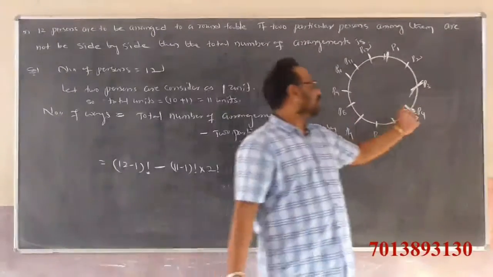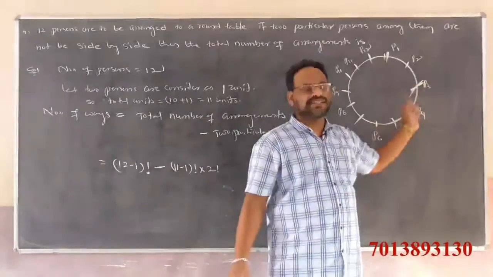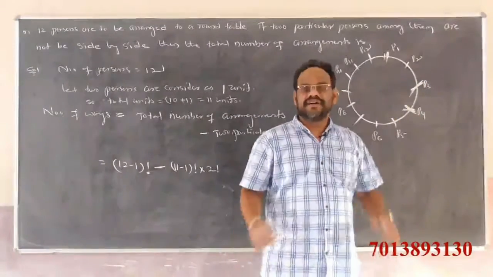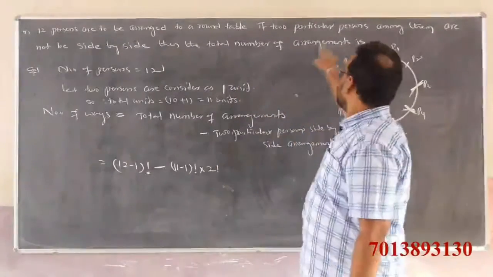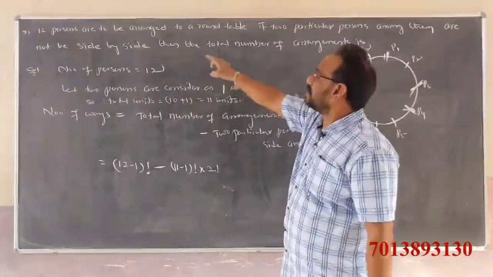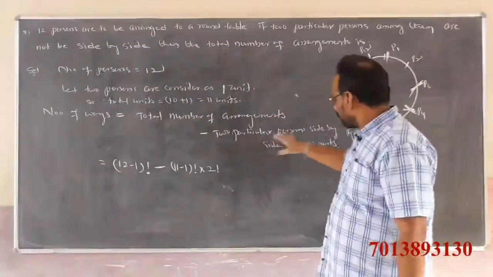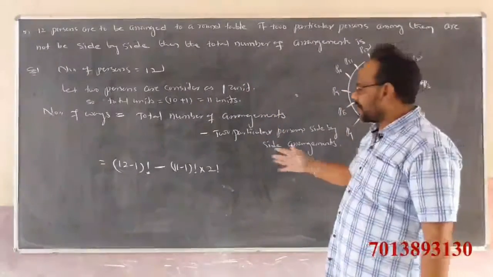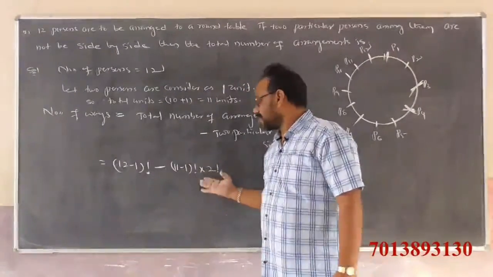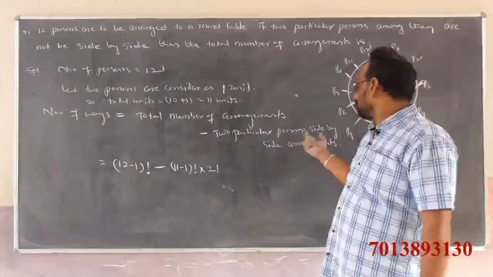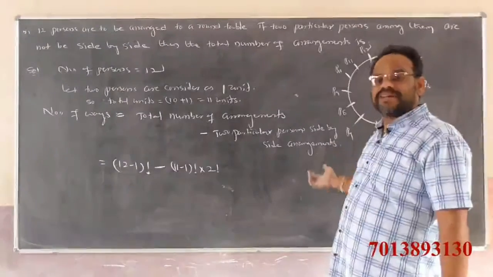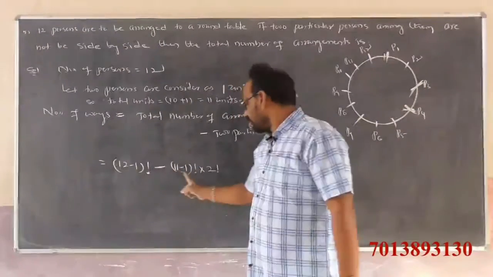That means here P4 or here P3. So these two particular persons can be arranged in 2 factorial ways. The two particular persons side by side arrangements is 11 minus 1 factorial into 2 factorial.